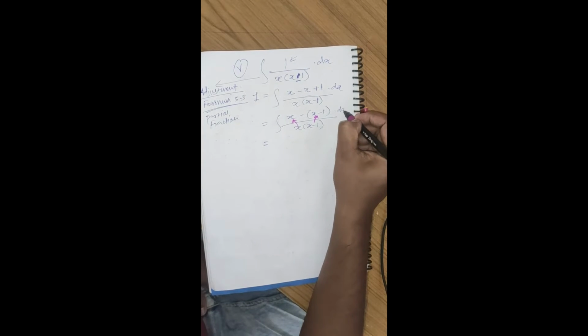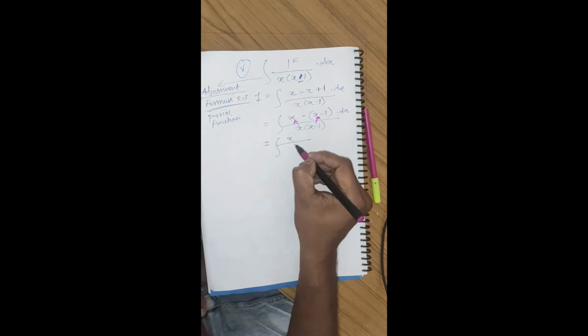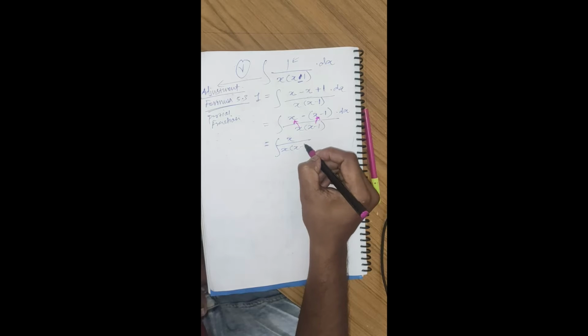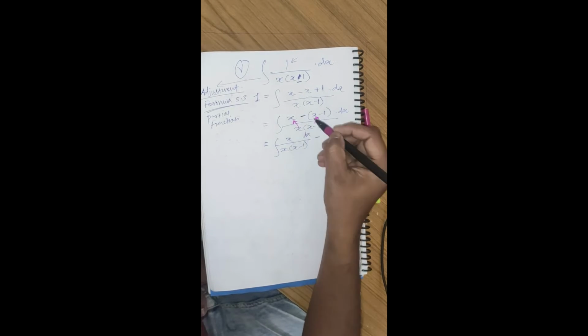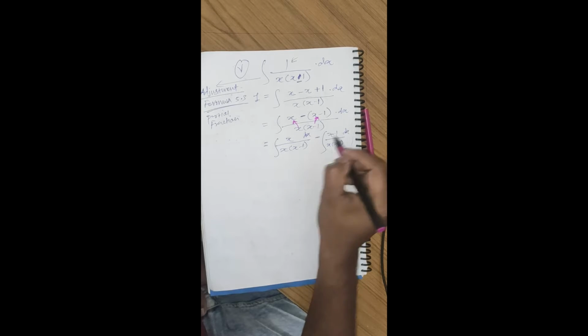So don't forget dx. Then I'll separate them. So this is I. Okay, so integration of x divided by x minus 1 dx minus, so this sign is minus, that's why x minus 1 over x in bracket x minus 1 dx, right?